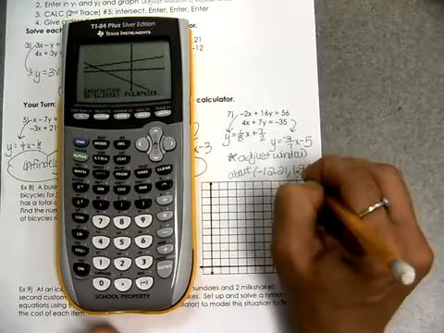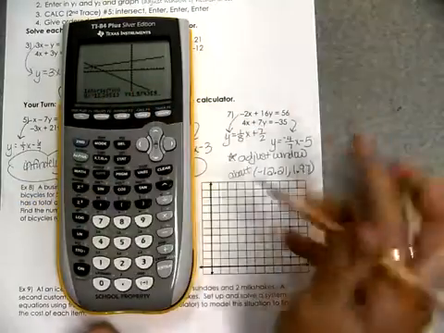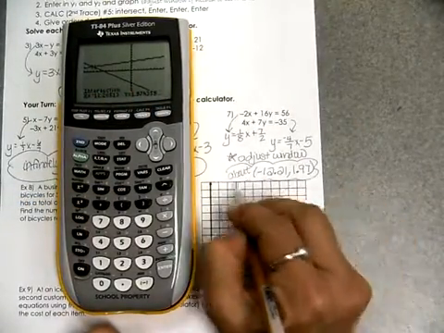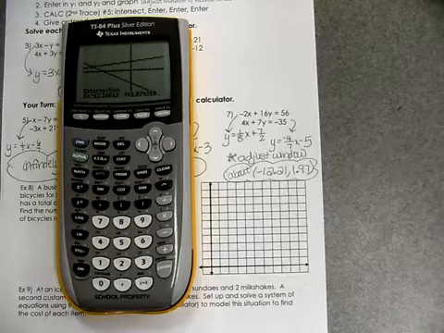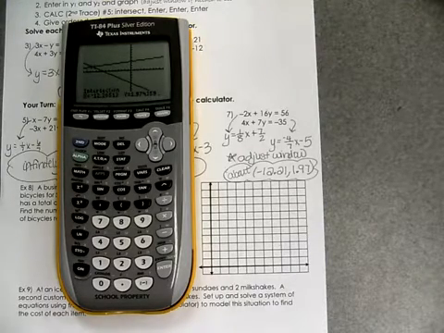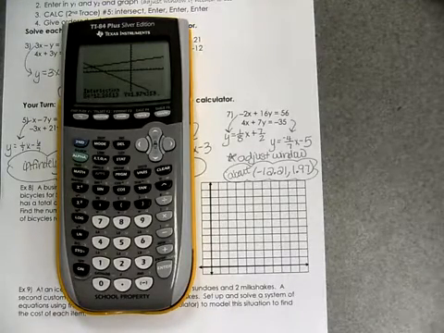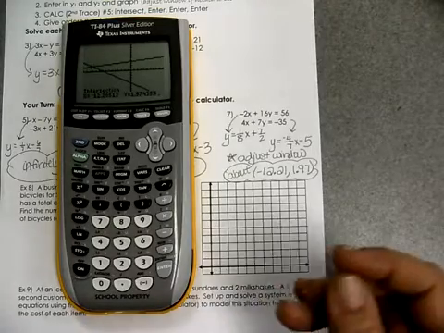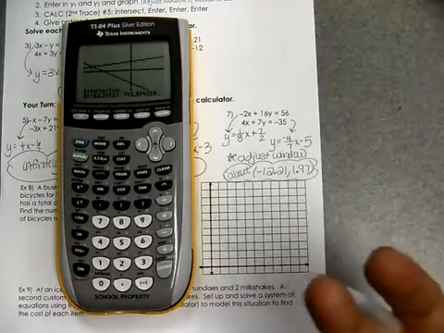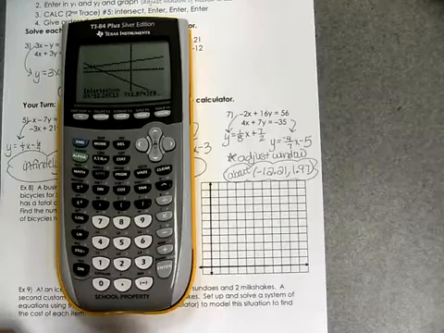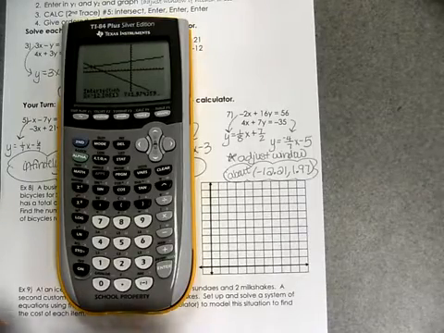And the y was 1.97. And so I'm going to put about in my happy cloud so people know that that's just an estimate. Okay? So that's the gist of it. Basically, you're just going to be graphing equations and looking to see where they intersect each other.